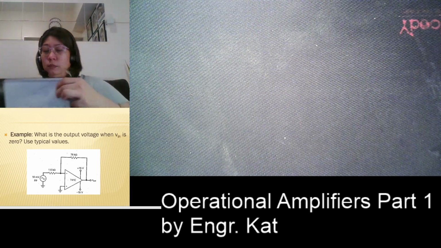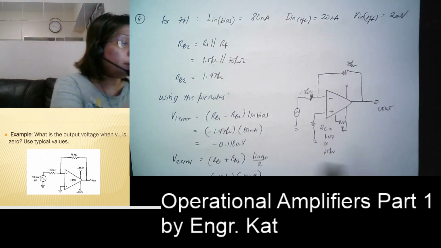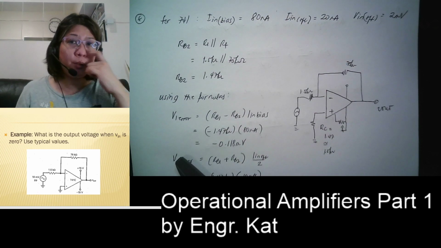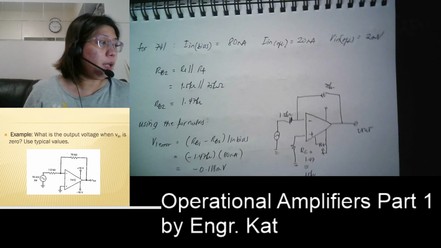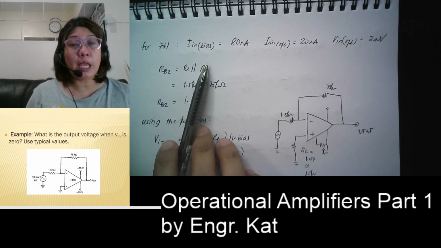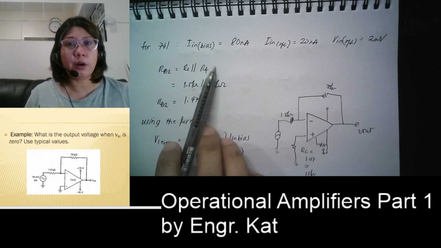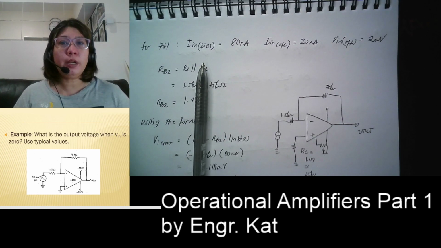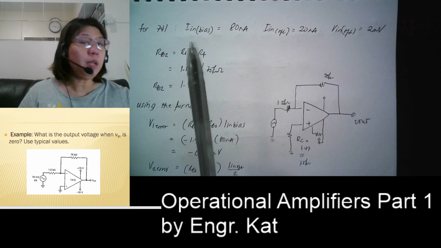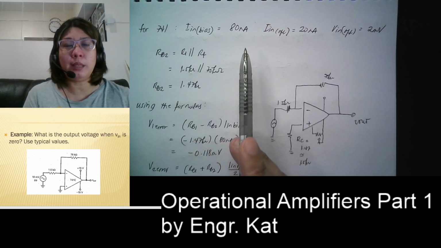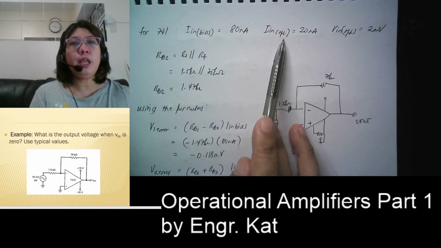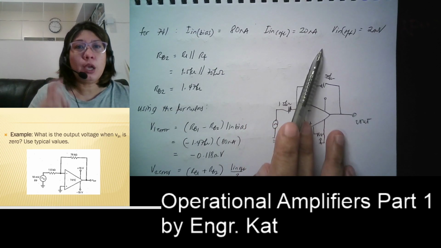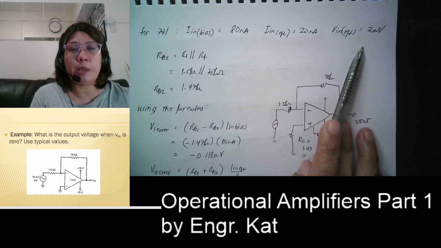So from our given circuit here, for 741, our input bias current from our table, from our first video regarding operational amplifier, your input bias current is equivalent to 80 nanoamperes. Your input offset current is equivalent to 20 nanoamperes, and your input offset voltage is 2 millivolts.